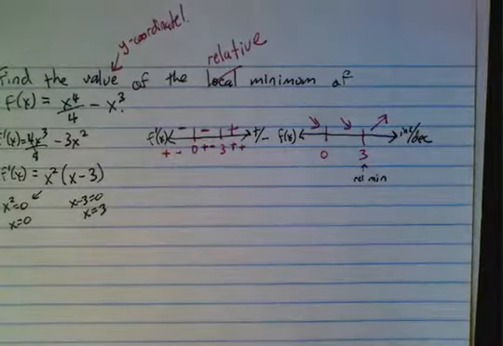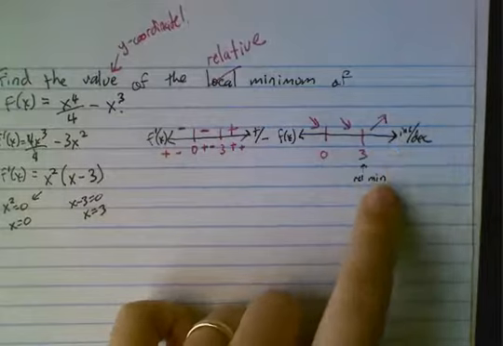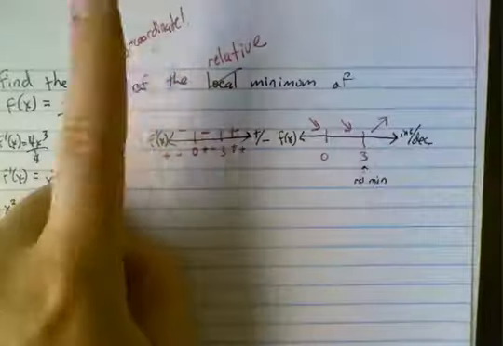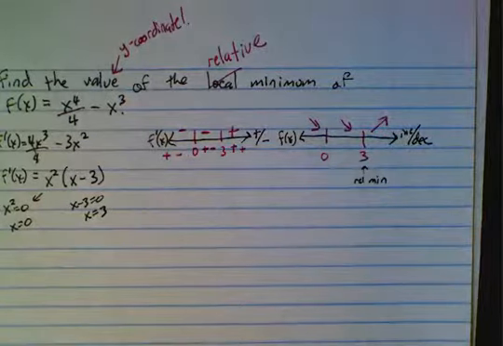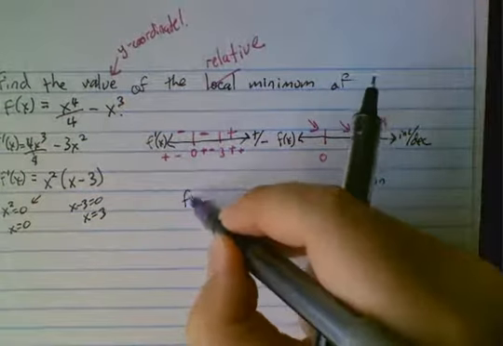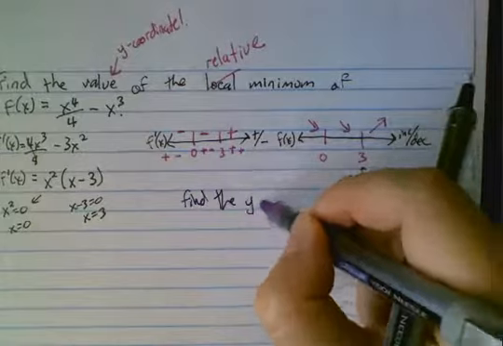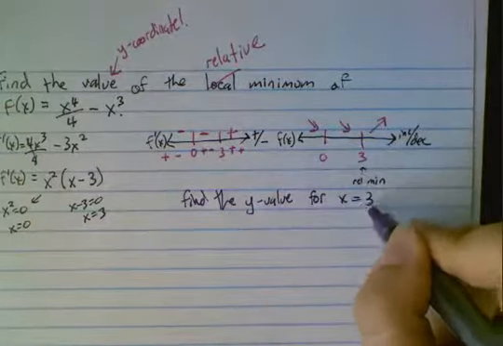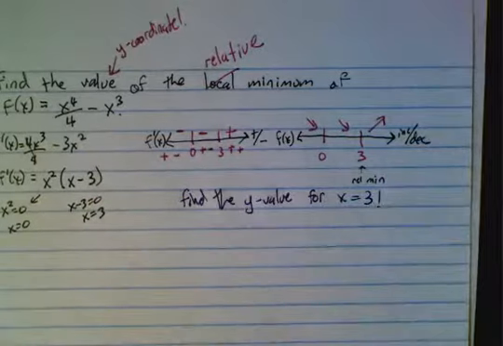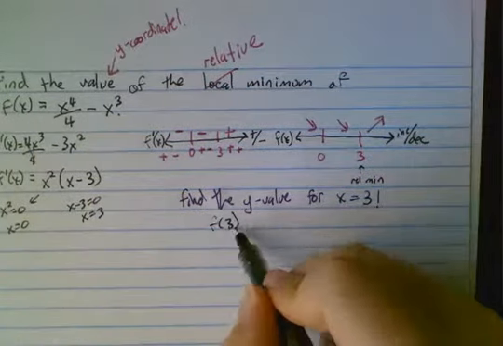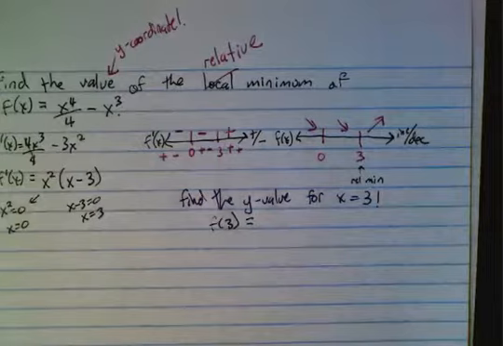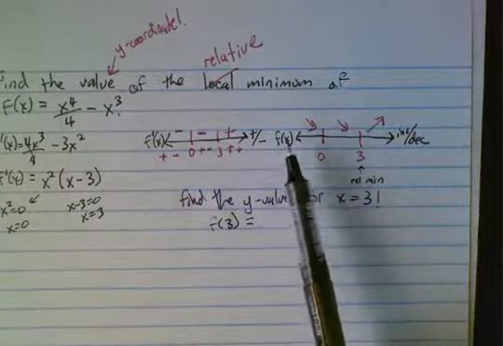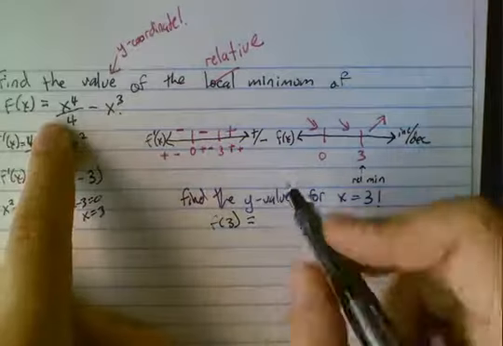However, this is where it's really important to read the question. We don't want the relative minimum x value. We want the relative minimum y value. So let's remind ourselves: find the y value. That's easy enough. We just want to find f of 3. That's all it's asking for. Remember, we're working with the relative minimum value of f of x. Just plug 3 in right here.